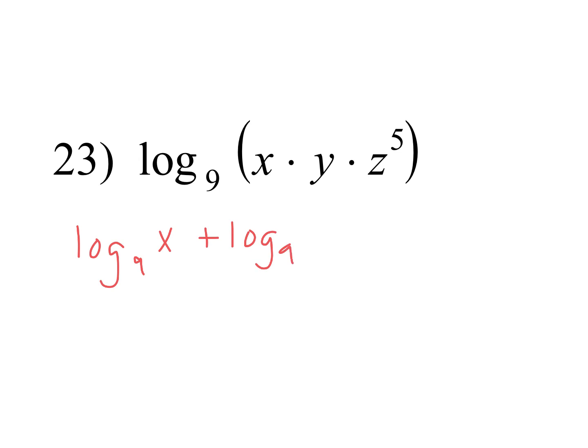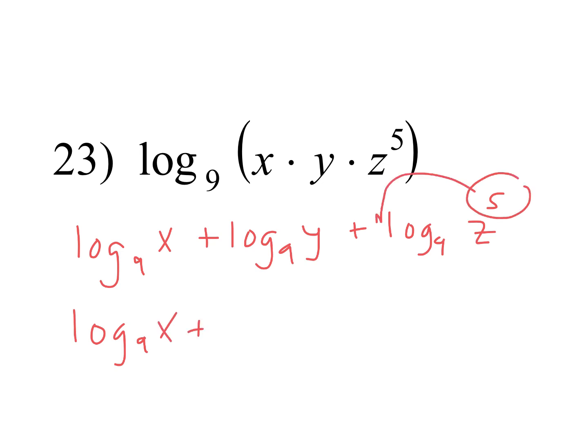So log base 9 of y plus log base 9 of z to the 5th power. What else do I need to do? Move the exponent. Awesome. So I'm going to take this 5 and just bring it to the front of that log.